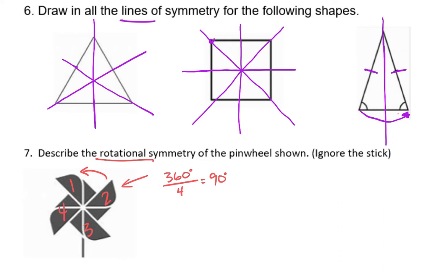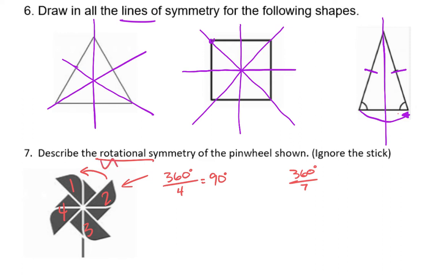In my yard, the pinwheels have 7 little spinny wheel, wingy, reflecty things. So in my yard, those things would have a rotational symmetry of 360 divided by 7, which I'm sure is a number.